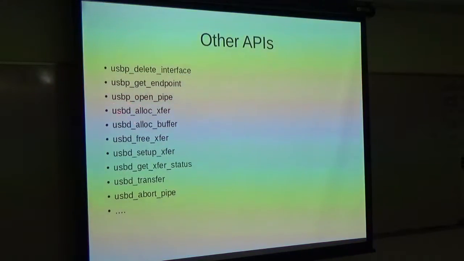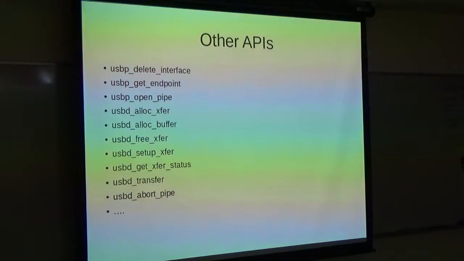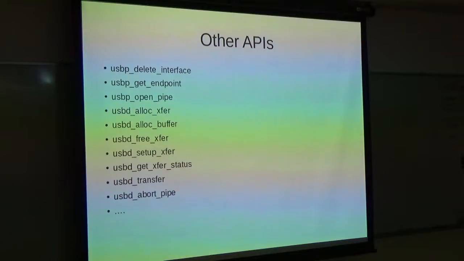And we also use usbd-something functions. These are functions for host side USB. So for sending or receiving packets, we use host side calls for the peripheral side. This is why the UCOM driver could be used without modification for both the host side and the peripheral side.